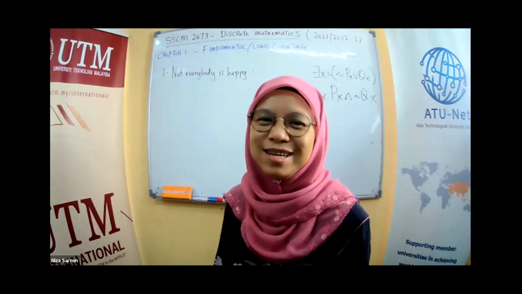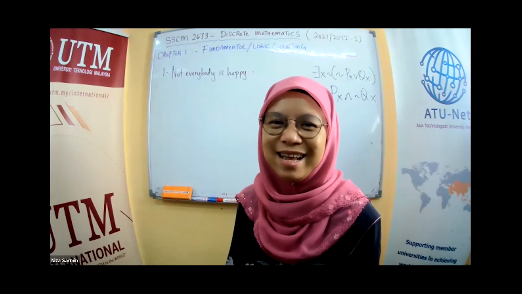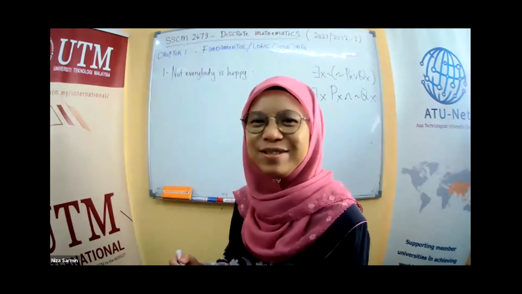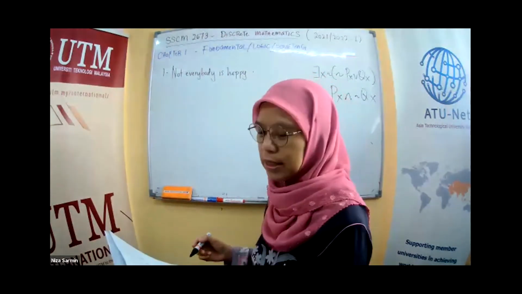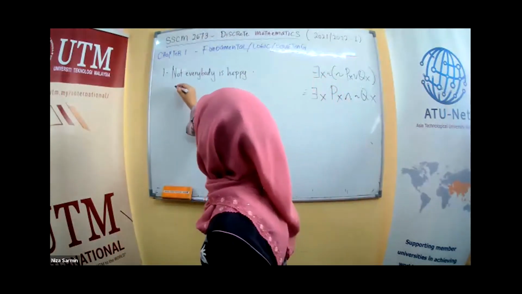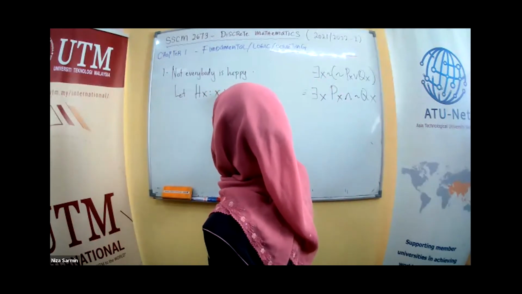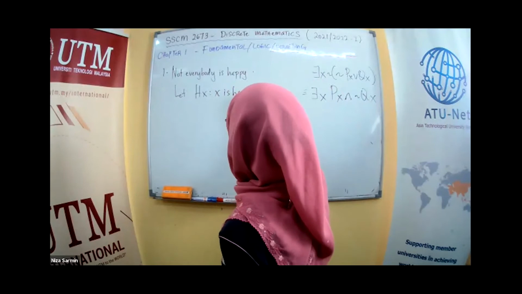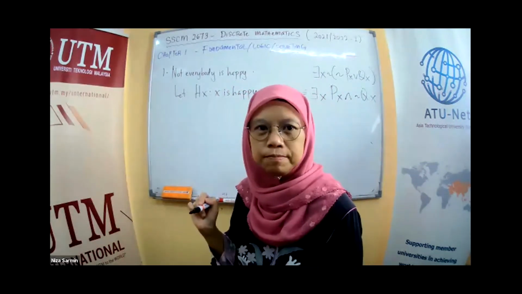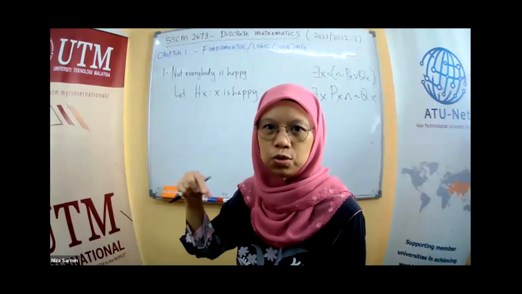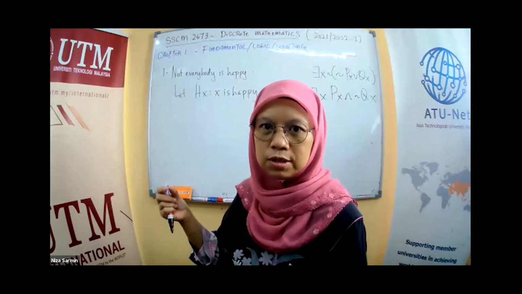It's not a good example, right? I should put everybody is happy, but that's not the real truth. Not everybody is happy, so we let Hx be x is happy. Okay, so try to change the sentence into symbolic form or symbols.